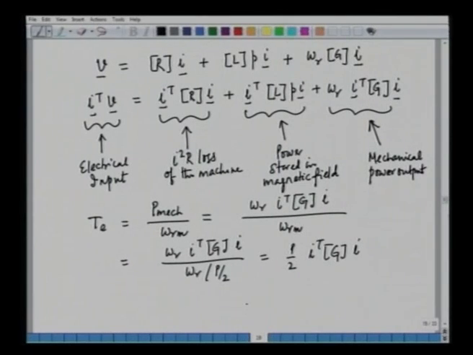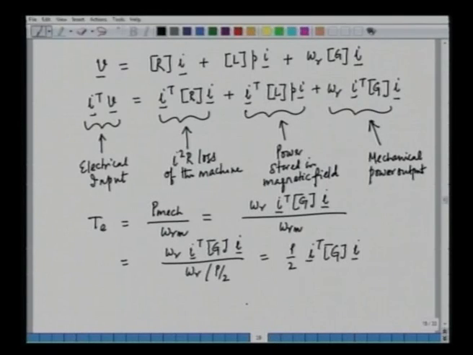This is the expression for the torque. Here i is a vector with more than one element. So, this is the expression for the torque of a Kron primitive machine, which we discussed in the last lecture.